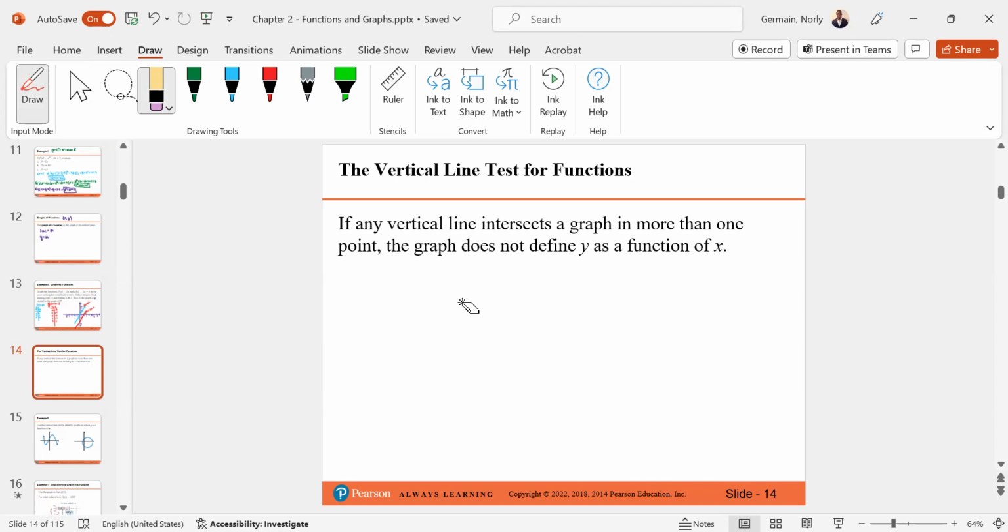So the test, as I said, is called the vertical line test. If any vertical line intersects a graph in more than one point, the graph does not define y as a function. So if you have a graph, any graph you see, I'm gonna show you. If I have a graph like this, okay, suppose I have a graph where I am with that.